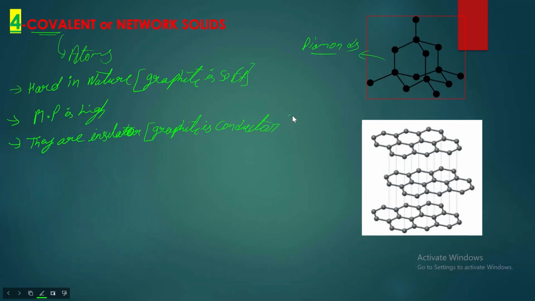Why? Now, what is required to flow current? Free electrons. So here graphite contains free electrons. That's why graphite is a good conductor. Now we discuss why graphite is soft. Here this is a structure of graphite.